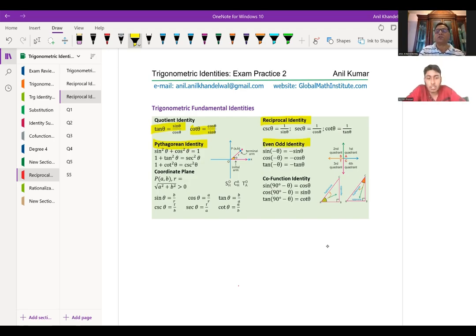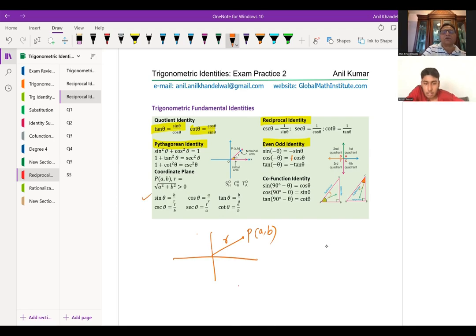Perfect. Then we also looked into odd and even identities. Sine and tan are odd functions, right? Sine of minus theta is minus sine theta, tan of minus theta is minus tan theta. However, cos of minus theta is plus cos theta, right? Then we also looked into the coordinate plane with r and theta. In this particular example, point P has been taken as a and b, and this is r.